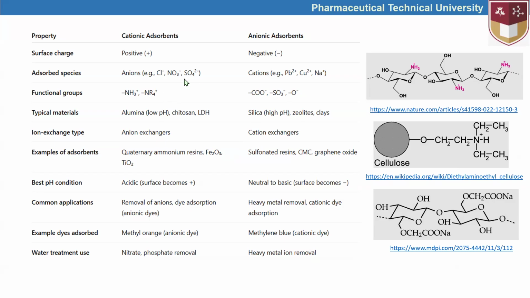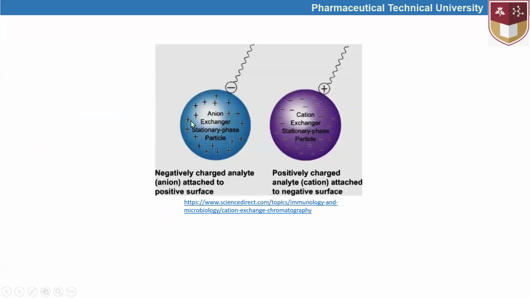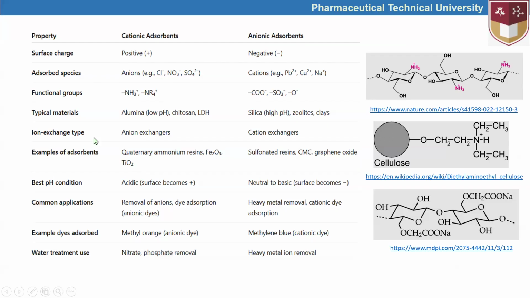In anion exchange chromatography, we use cationic adsorbents which have a positive surface as indicated. Charged functional groups are provided on the surface of the molecules.